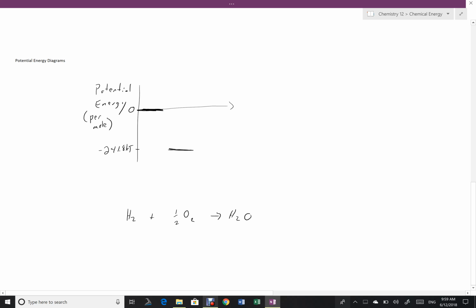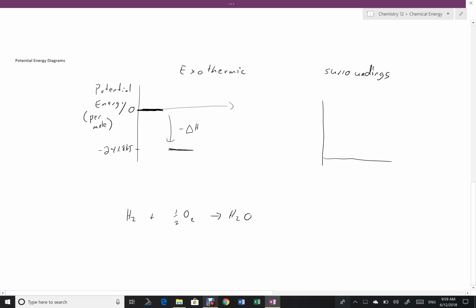And so we can see our negative delta H in this graph. So that's how I could use a potential energy diagram to show the release of energy associated with an exothermic reaction. While I'm here, I'd like to take this second to talk about how this relates to the diagram for the surroundings point of view.